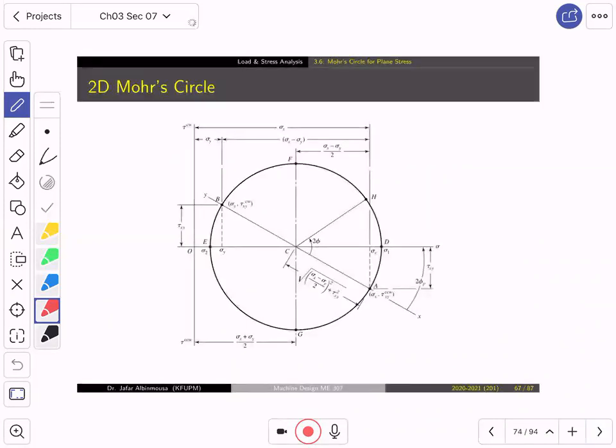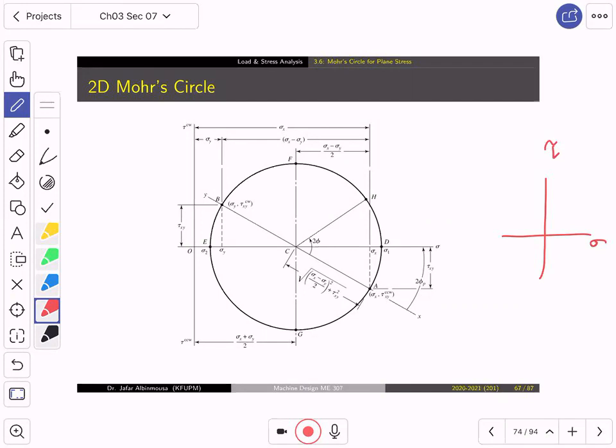Now, this is the circle. It looks like too much, it has too many things. But if you look at it carefully, you will understand it very well. First of all, the circle has a coordinate system: normal stress on the x-axis and shear stress on the y-axis.